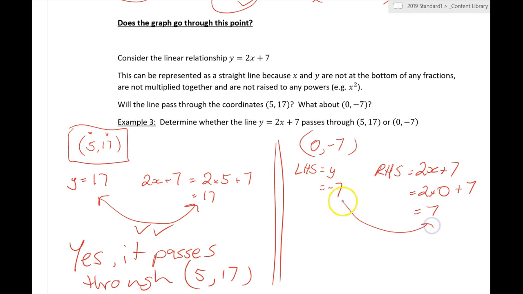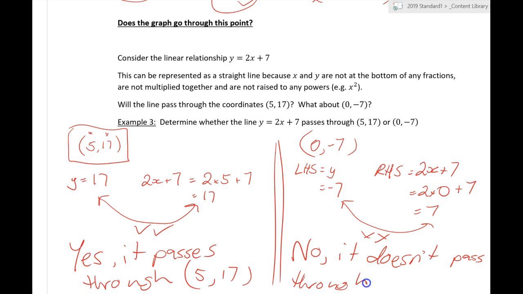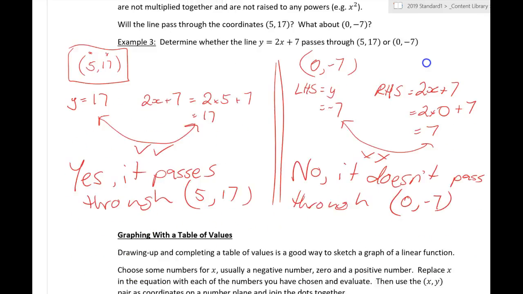Are these two things the same? No, they're not. So no, it doesn't pass through (0, -7). Okay, righto, that's how we test to see if those coordinates satisfy that equation, or whether that line passes through that point.